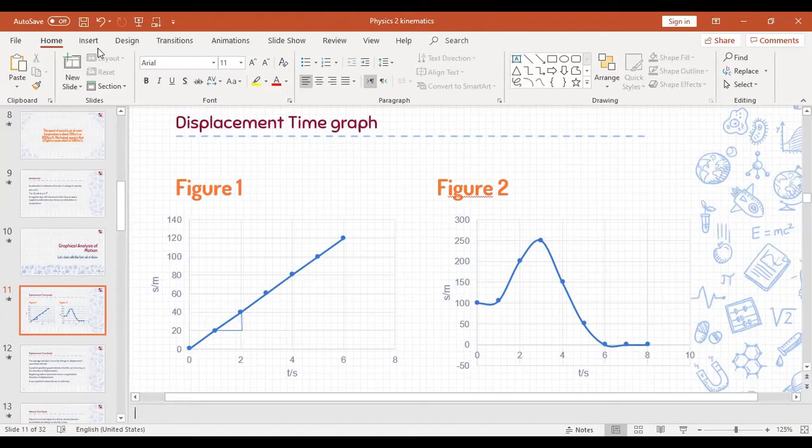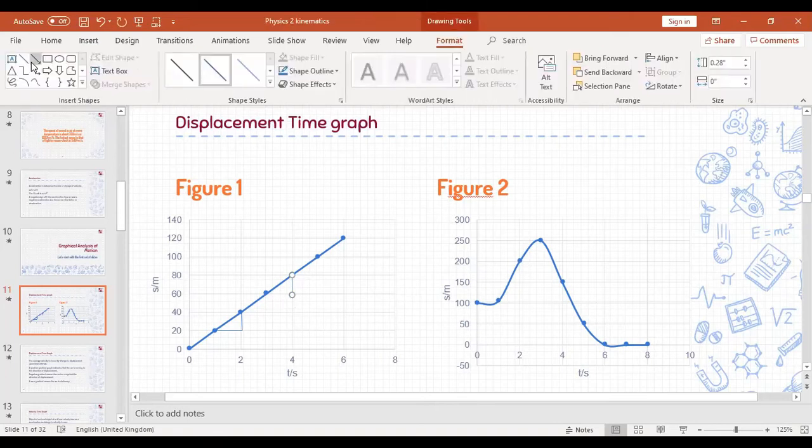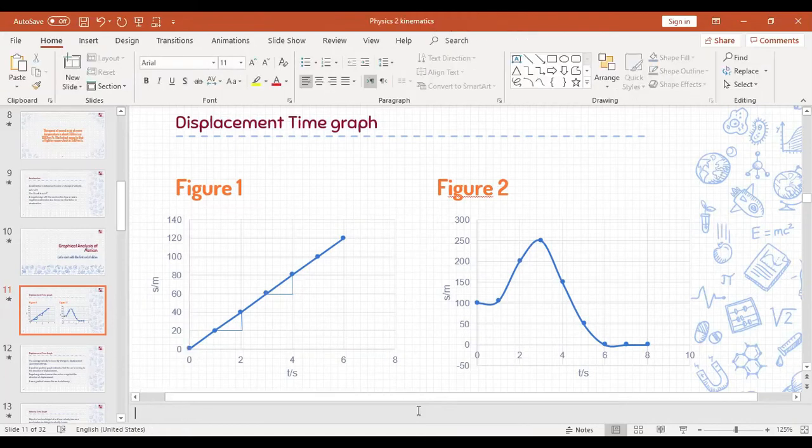If you take this at any point, the change in y upon the change in x, which is the change in displacement upon change in time, would remain the same.